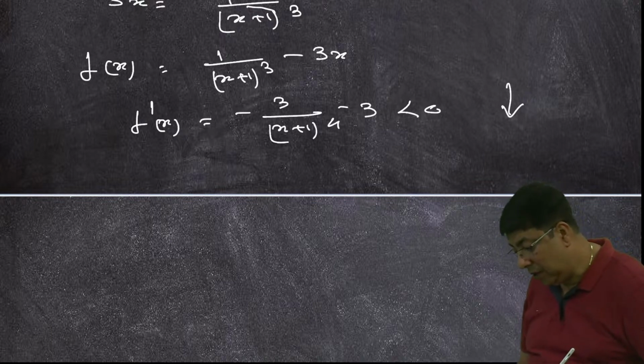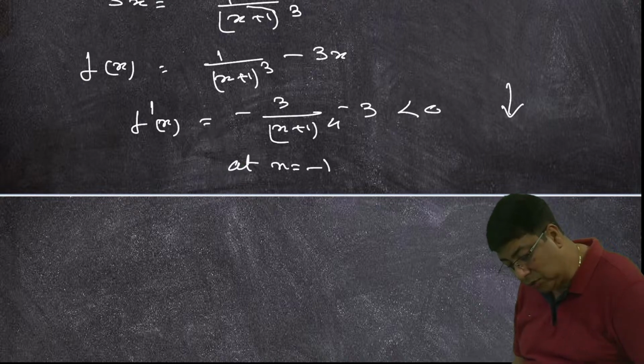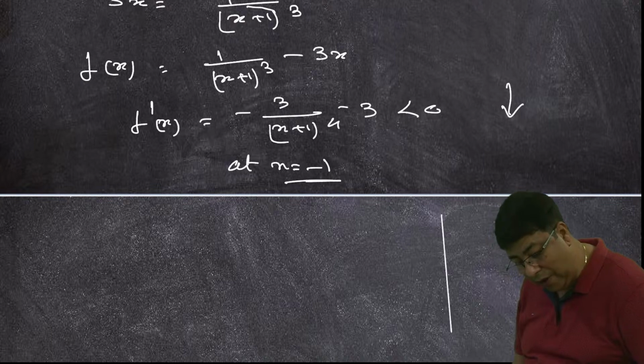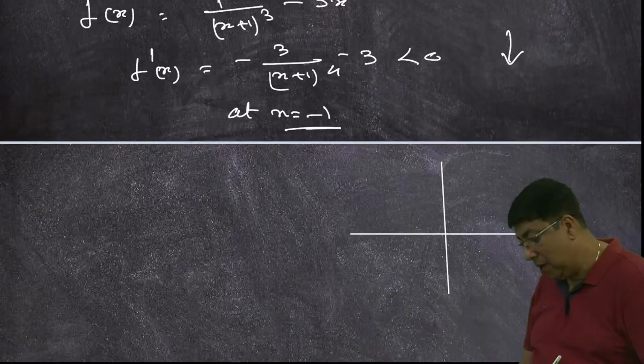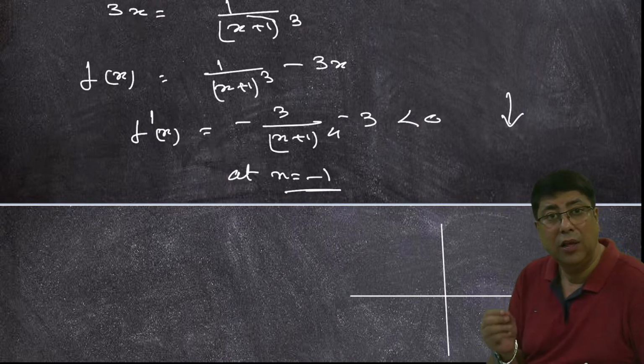At x equal to minus 1, it has the vertical asymptote. If I draw the diagram, it will be easier for us to understand. And moreover, as x tends to infinity, f(x) tends to minus infinity, and as x tends to minus infinity, f(x) tends to infinity.